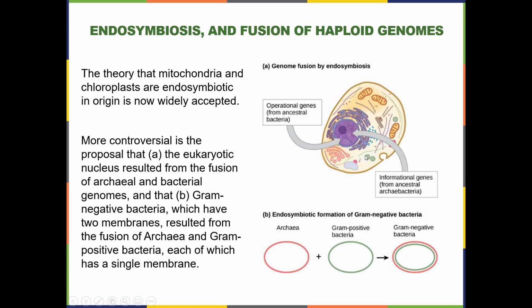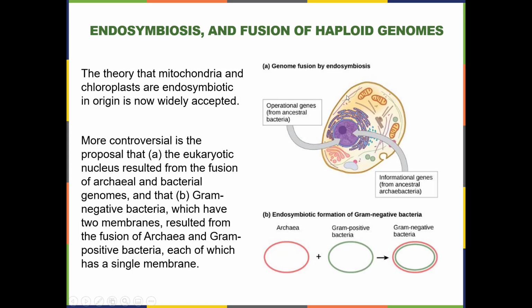Chloroplasts are believed to be derived from photosynthetic bacteria that lived inside of another cell. So we think that 2.5 billion years ago there were cells that lived inside of other cells in a symbiotic relationship, and that over time the dependence became absolute. And now what you see as a mitochondria or chloroplast is just the remnant of those cells that were living inside of the larger cell.